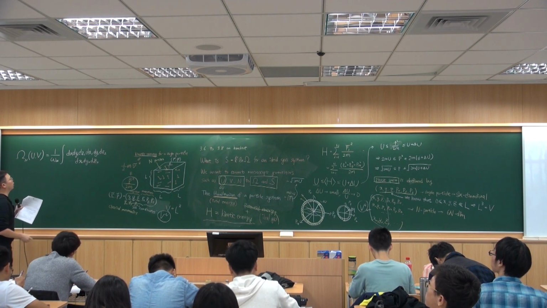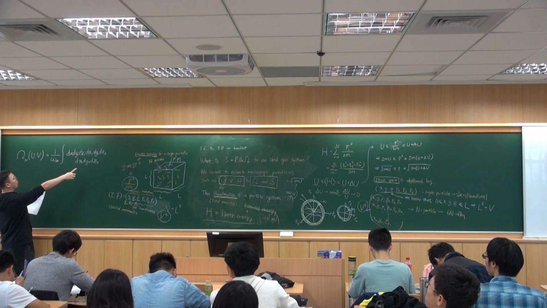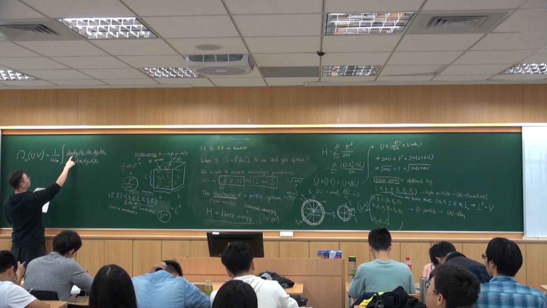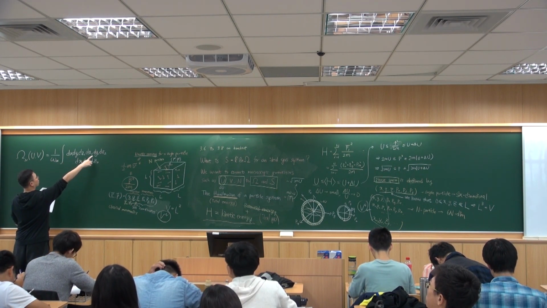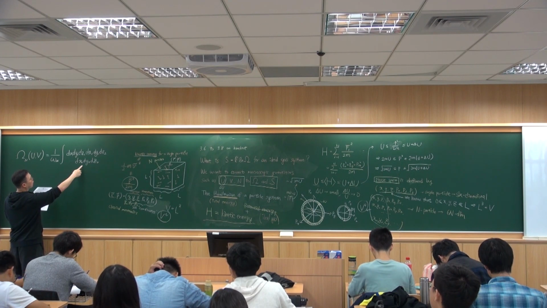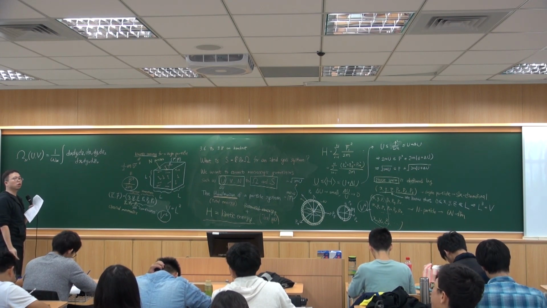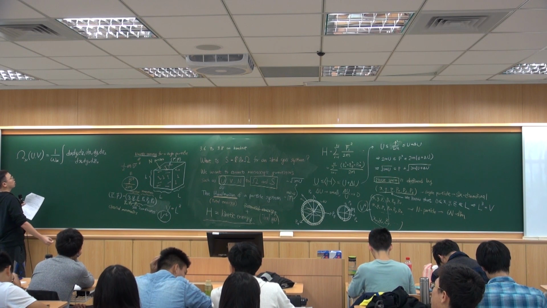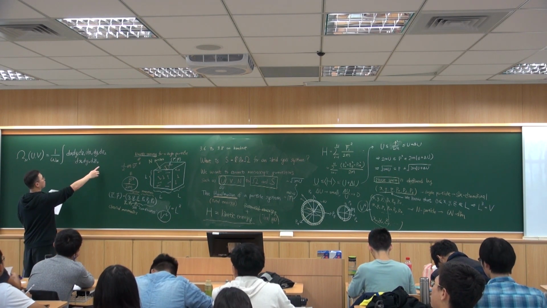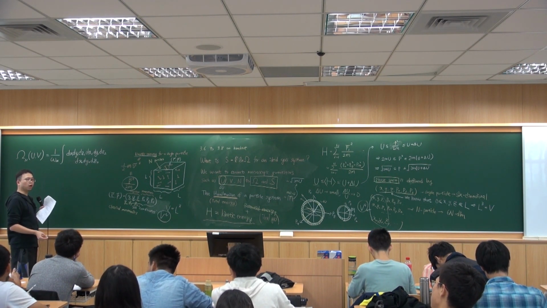So first of all, we integrate over all the possibilities of x1, y1, and z1, x2, y2, and z2 up to the nth particle. This is the first, the space coordinates, that we integrate over.